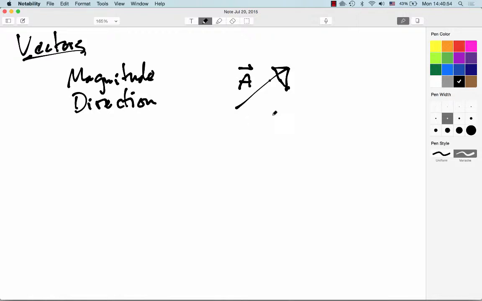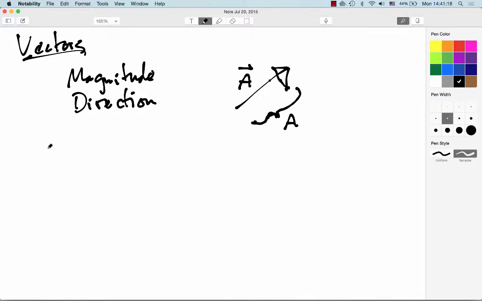Now the magnitude of A, just plain its length, you write as A without the little arrow over it, or the way your book will do it is it'll write it in italics. Okay.